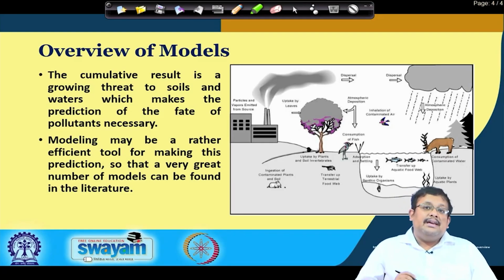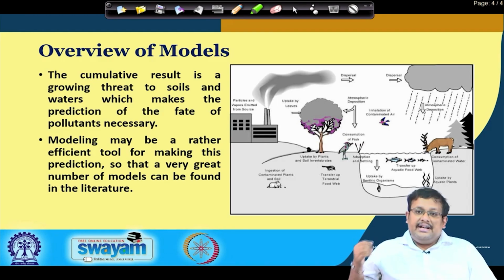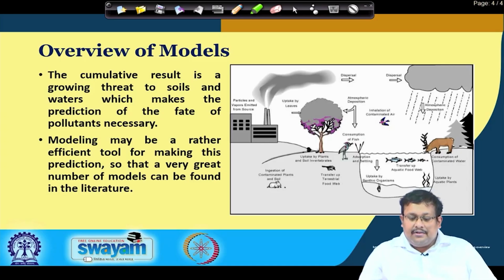Modeling may be a rather efficient tool for making this prediction, so a very great number of models can be found in the literature, because models are efficient in identifying the fate of pollutants in natural media like soil and water.